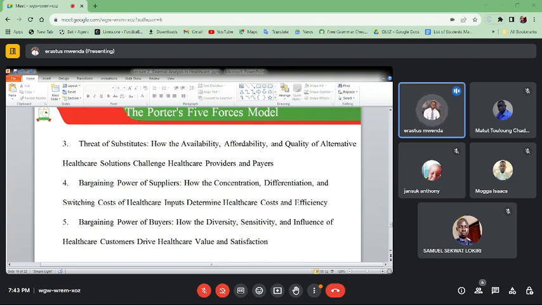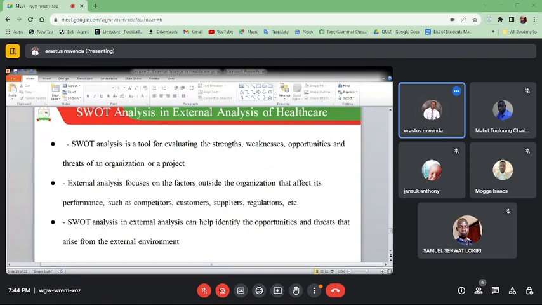And finally, Porter discussed what we call the bargaining power of buyers. How is the diversity of the clientele that we are serving, their influence in driving healthcare customers, and also the level of satisfaction that they are enjoying from existing organizations.